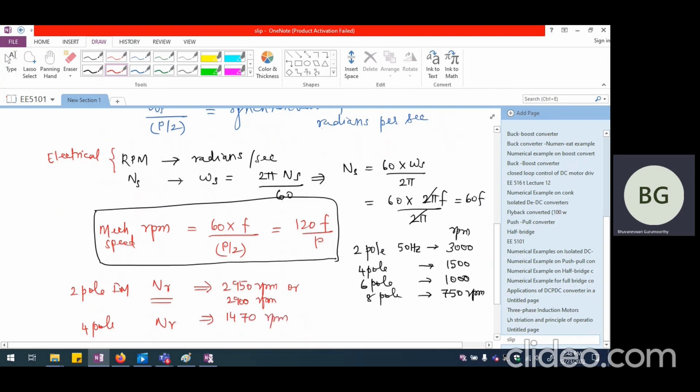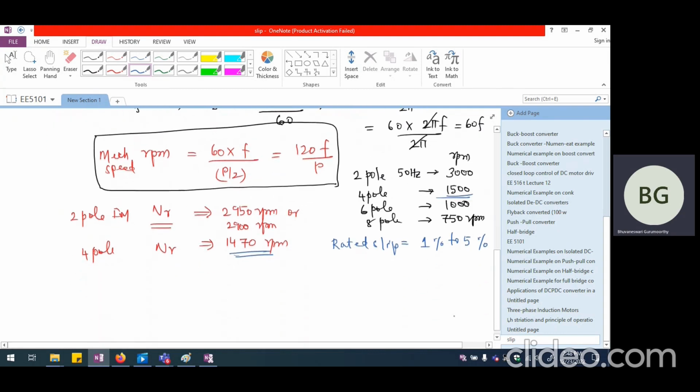So the difference between the rated speed of the rotor and the synchronous speed is going to be very, very small. So generally rated slip will be anywhere between 1% to 5%, not anything more than that. So the induction motor literally is a constant speed drive.